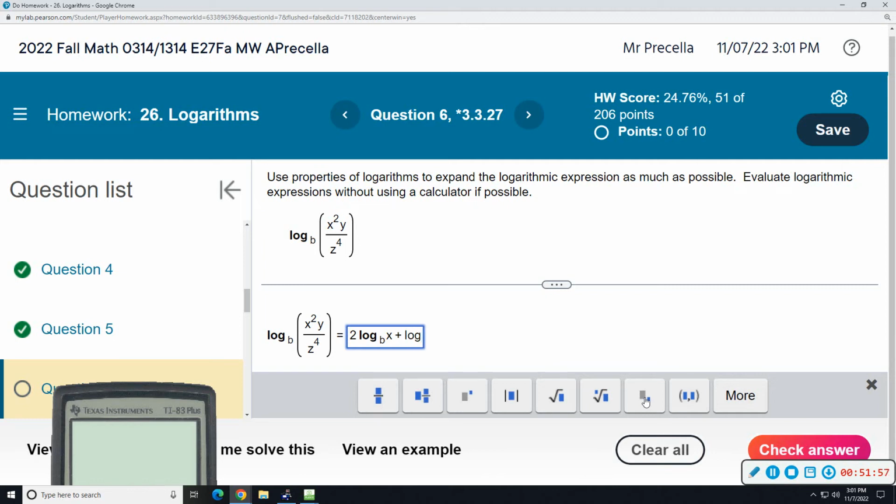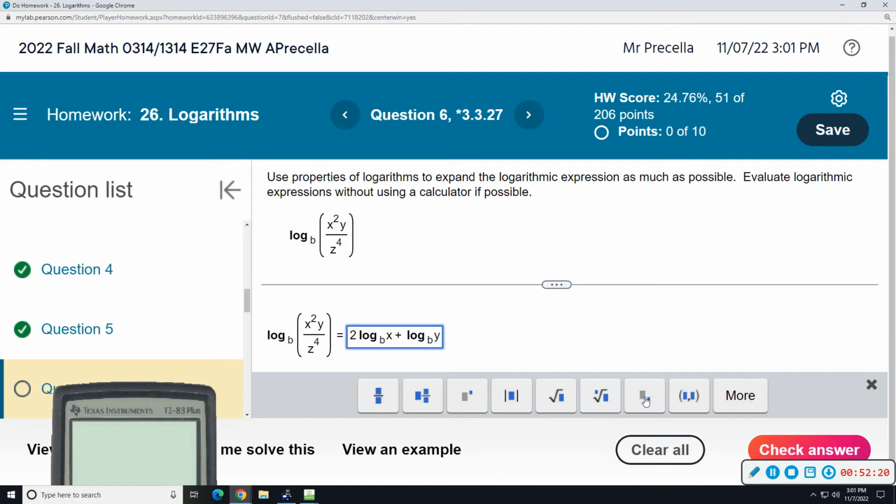What's wrong? Well, I typed in a capital I instead of a lowercase l. And if I leave it like that, it's going to count it wrong. L-O-G. Now it's correct.